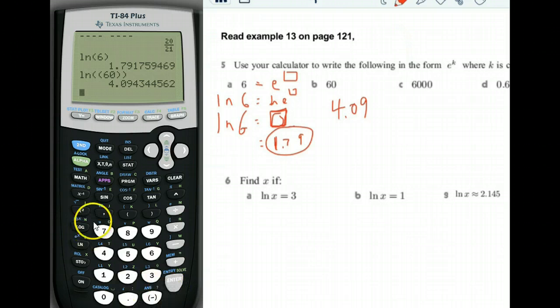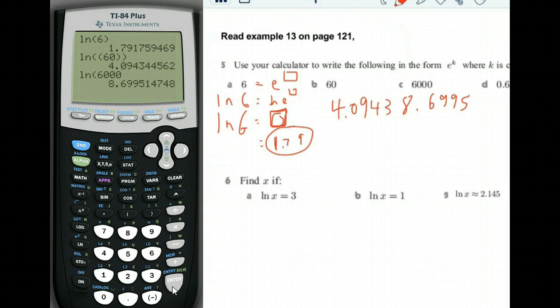Now how about 6,000? 8.69. Actually, it'll probably be 8.70, right? Oh, it said 4 decimal places. So it's 8.6995. And the 4.09 would be 4.0943, and the 1.79 would be 1.7918.